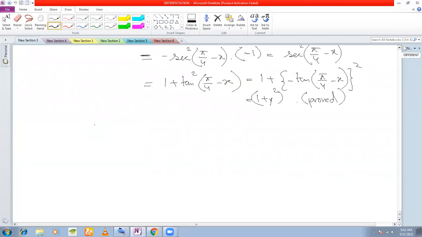The next concept that we start is derivative as gradients of curves. Gradient is slope, right? Slope of curves.